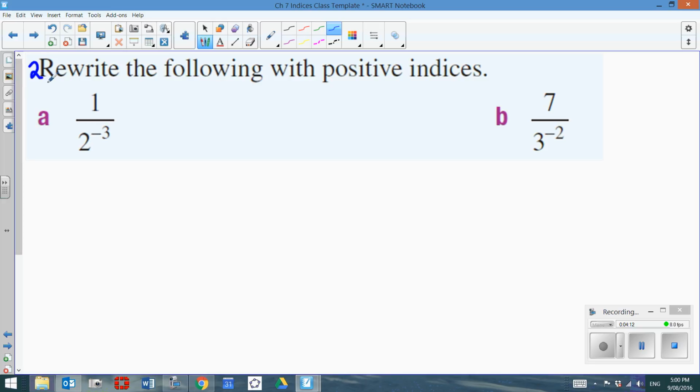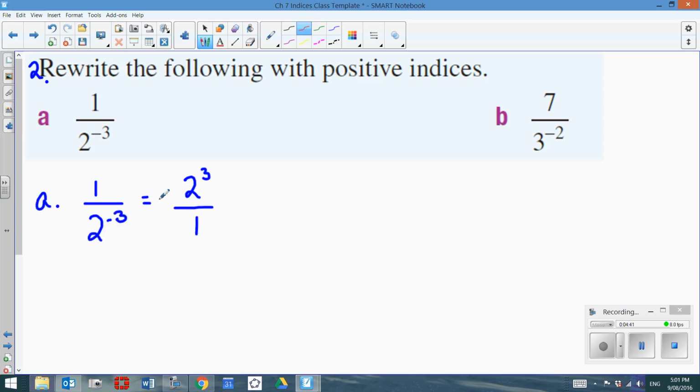With the next example, I'm going to rewrite the following with positive indices. I start in the denominator with a negative index. Anytime I have a negative index, I just need to write it as the reciprocal in order to write it positive. So 2 to the negative 3rd is written in the numerator with a positive index, and now the 1 is in the denominator.